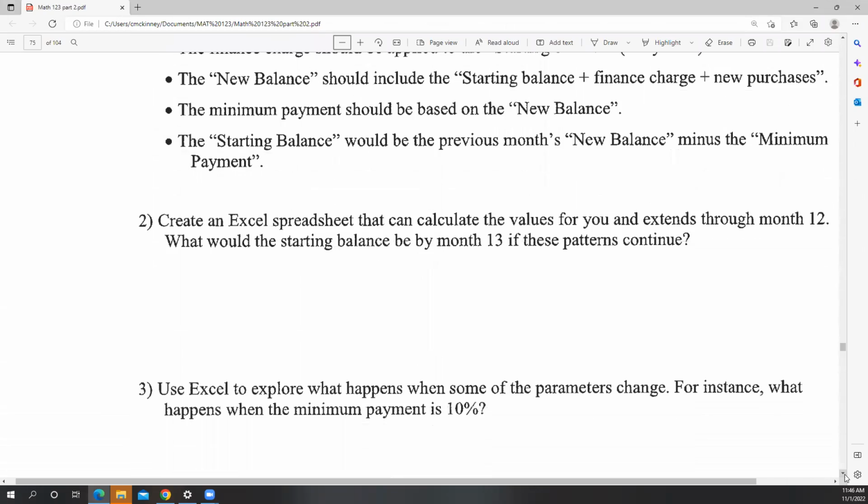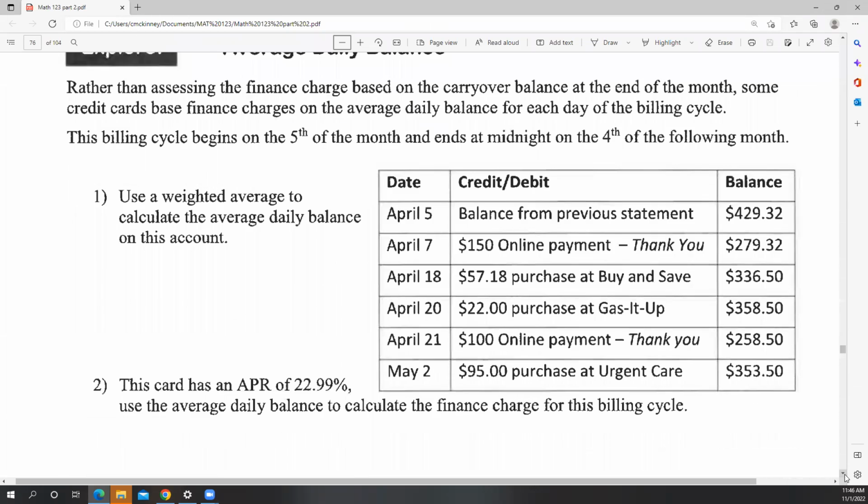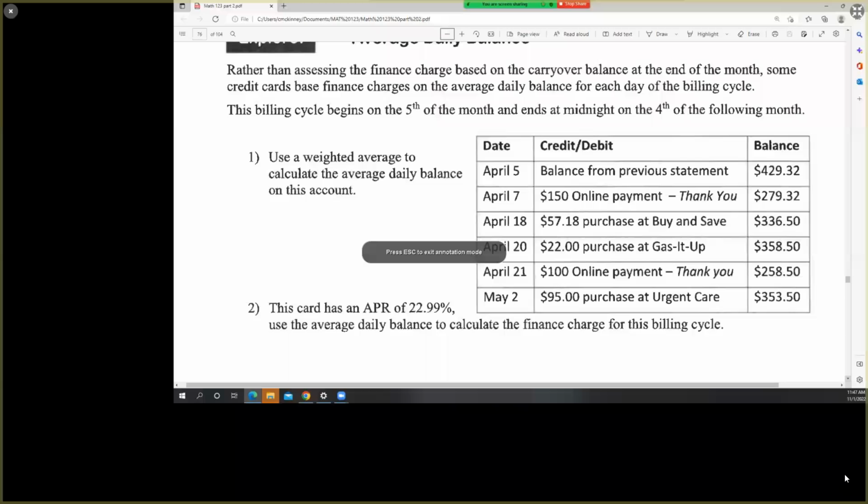If you have a balance on the account, then when you charge things, they charge you differently depending on how, so average daily balance, like, if on April 5th this was your balance, and then you made a $150 payment, that means for 2 days your balance was $429.32. Do you see how that's working? And we use that whole weighted average that we did before. And they don't just charge you on old purchases. So say that one more time.